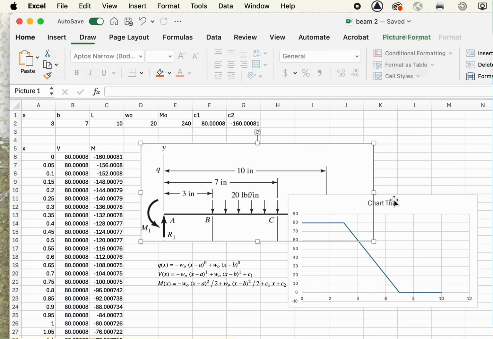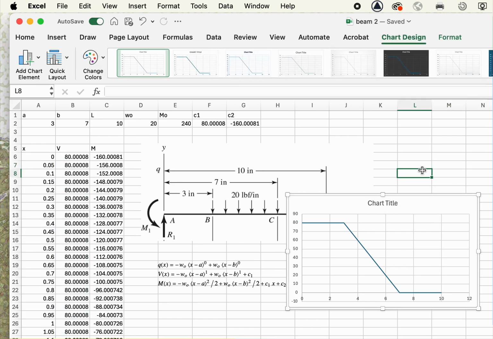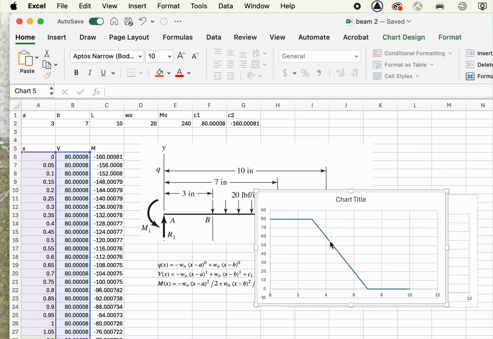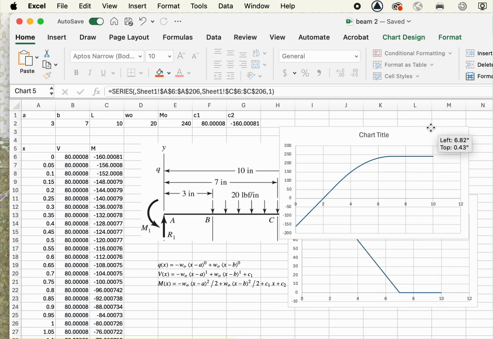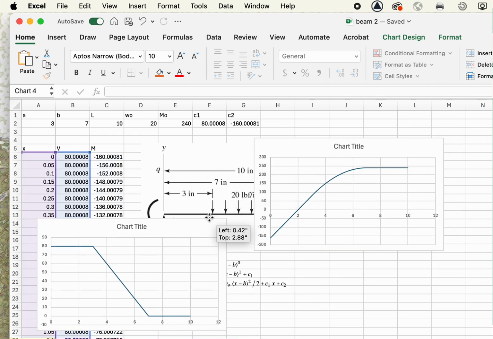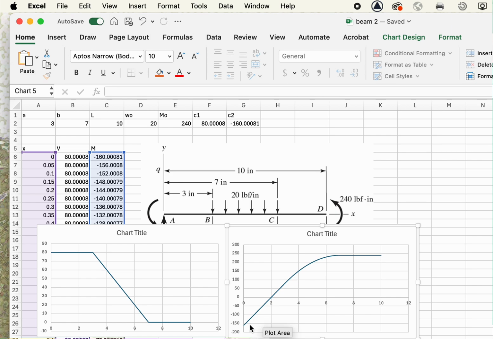Okay. All right, I'm gonna copy this and paste it. But now I'm going to click on this, move this over to the M column, and there is my bending moment. So I start here at a negative 150, which means this will be bending down initially.